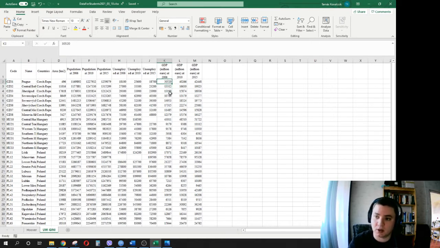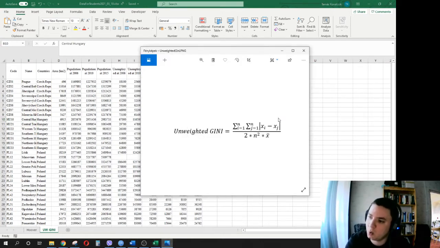We have a huge difference between these two regions, but we are curious about all of these differences. Prague difference Jihozápad, Prague difference Severozápad, Prague difference Central Hungary, and so on. So for all of these, this is the difference.